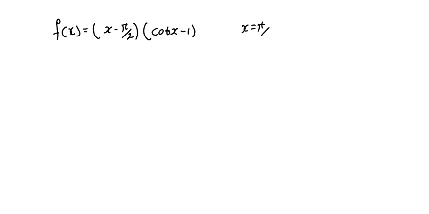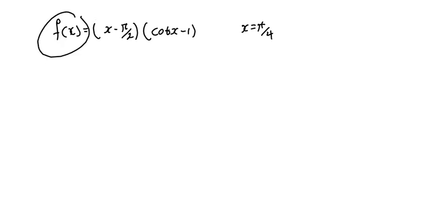So we are given our function f of x equals open bracket x minus pi over 2 multiplied by cotangent x minus 1. So we have to show that x equals pi over 4 is a root for f of x.